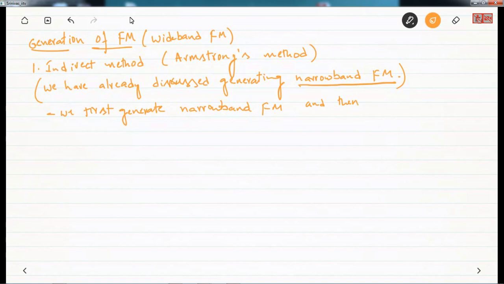And then use a frequency multiplier to increase the frequency deviation.